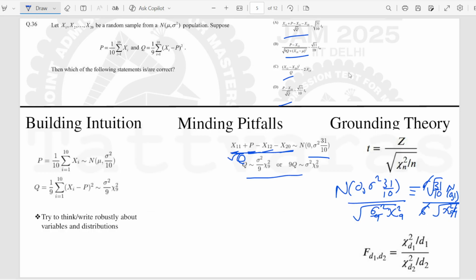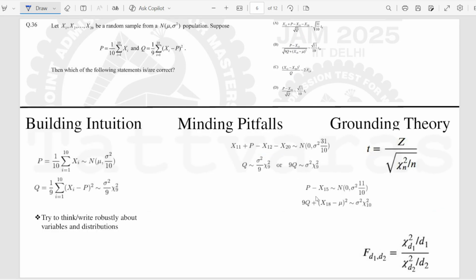These cancel, and this is exactly what we have. So this is t distribution with degree 9, and with a factor of root over 31 by 10.